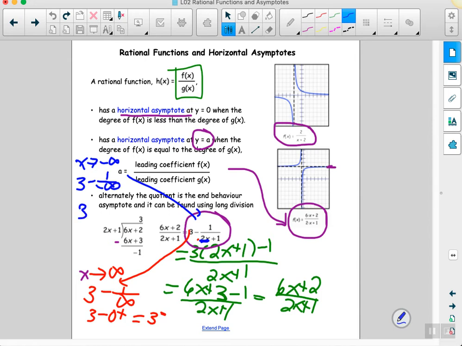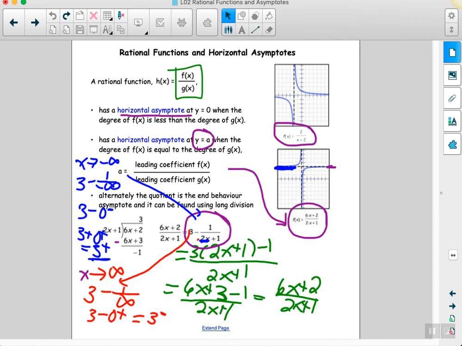And this is 3 minus a number close to 0 but negative. That's the same thing as 3 plus a number close to 0, written as a positive. And that means we're going to be approaching 3, mathematically we say from above, and that's exactly what's happening there. We are approaching 3, but from above.